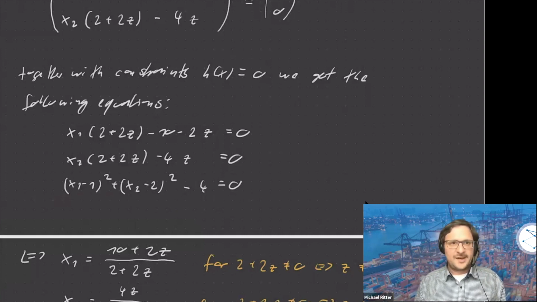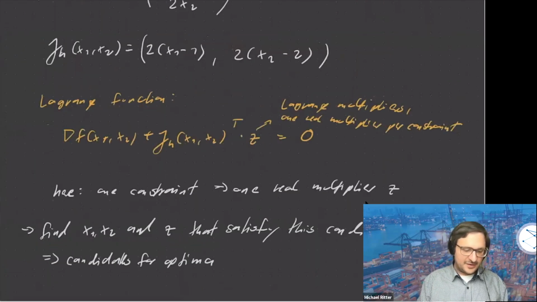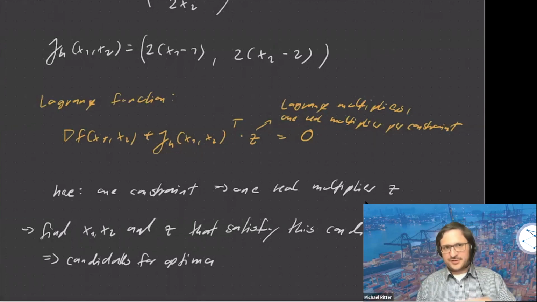The downside of this, and the reason why I'm not doing it anymore here, is this does not work anymore if you have inequality constraints. So if you need to go for KKT points, that's the subject of this week's videos, KKT points with inequality constraints, then you can't do that anymore. But basically the same idea still works for KKT points, if you just add a little magic to that. That's why I chose to present it in this way.